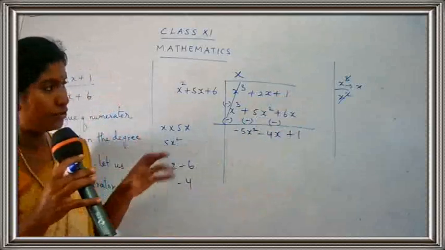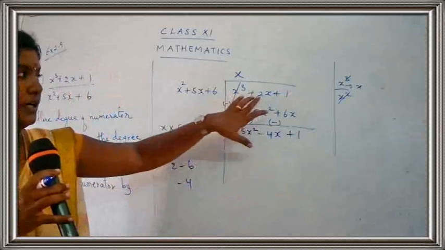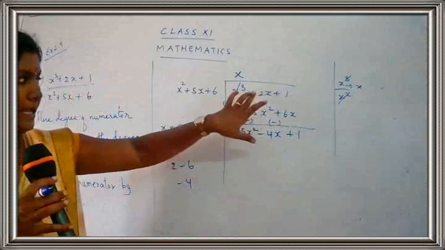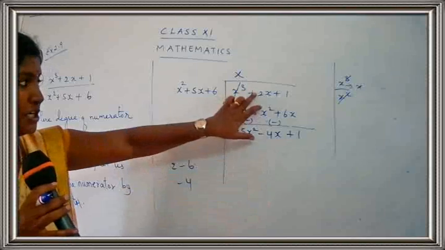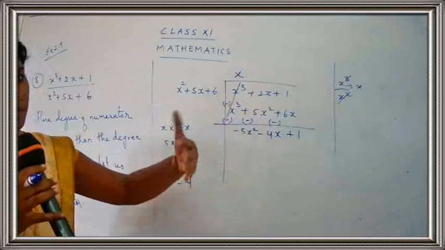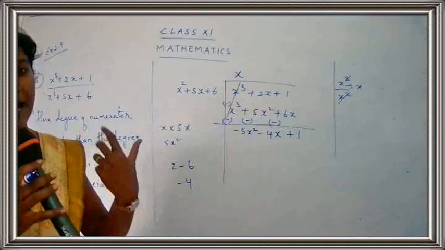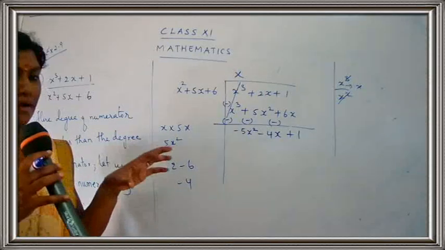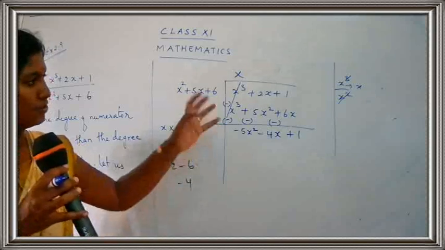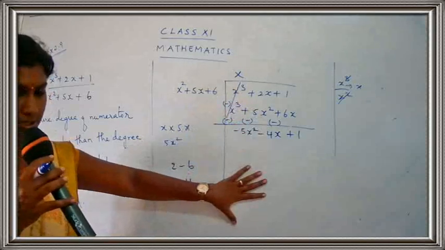Are you getting this step, children? Do not get confused because here we have not taken the x square term. If you feel that this is confusing, you can put here 0x square and do the sum. But now since you are grown up, you have to try out the sums directly, children. We cannot go on sticking to some methods. So you have to try and get the answers done.